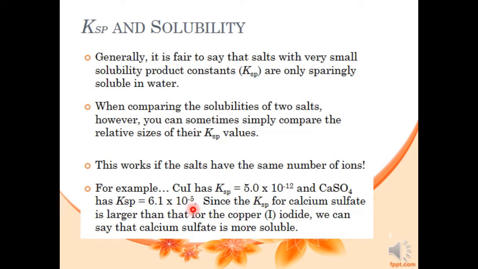Based on these two Ksp values, the Ksp for calcium sulfate is larger than copper iodide. So we can say calcium sulfate is more soluble, because this is copper 2 plus and iodide 2 minus, and this is calcium 2 plus, SO4 2 minus, so it's comparable.